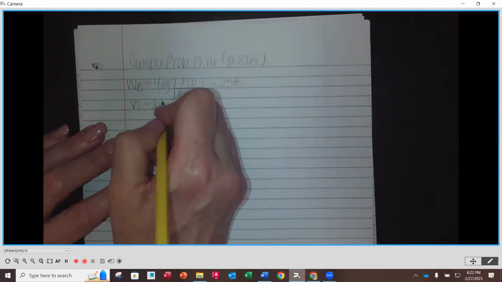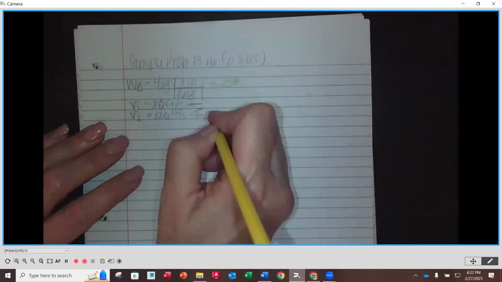We know that the velocity of the ball coming in when it's pitched is 80 feet per second, and it's going to the left. We're going to have to make sure we identify that on our diagram. Then velocity 2, after it's hit by the baseball bat, is 120 feet per second, going up at a 40-degree angle.